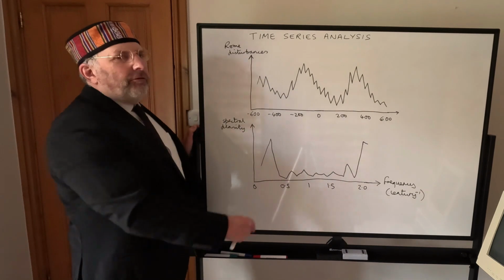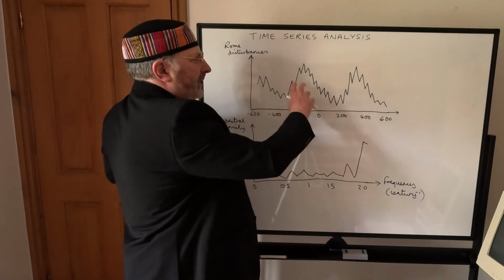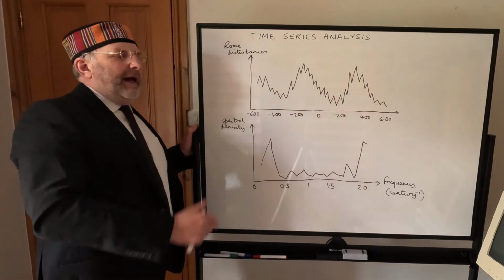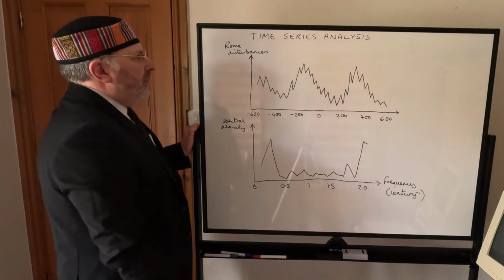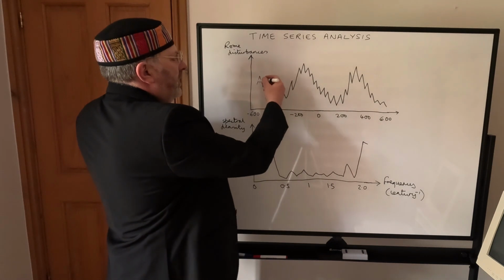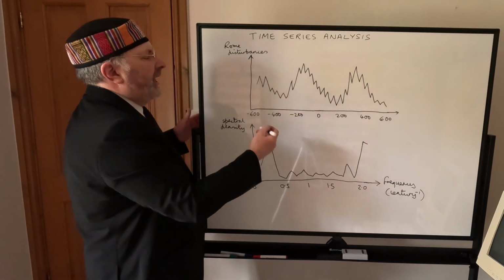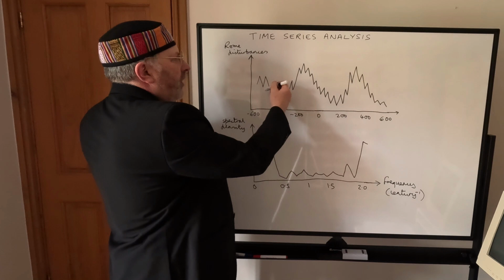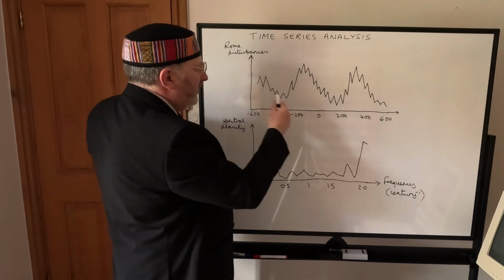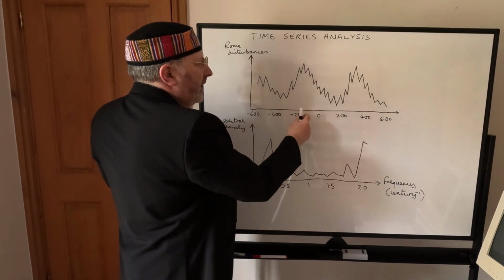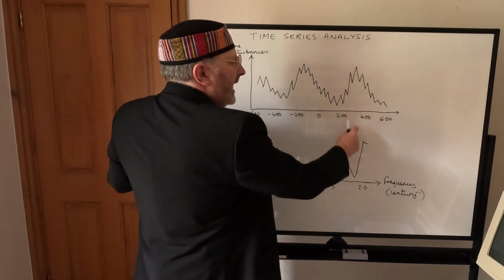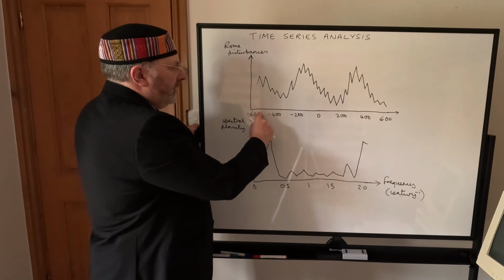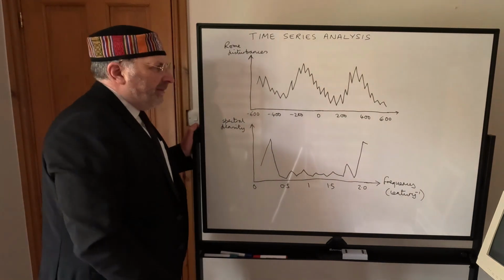And I haven't drawn it accurately, I've just drawn it rather stylized to bring out the points here. So what we can see is that the number of disturbances per decade or whatever it is in Rome fluctuates up and down, and there seem to be some peaks here around about 100 BC and around about AD 250, and also going further back around 450 BC.